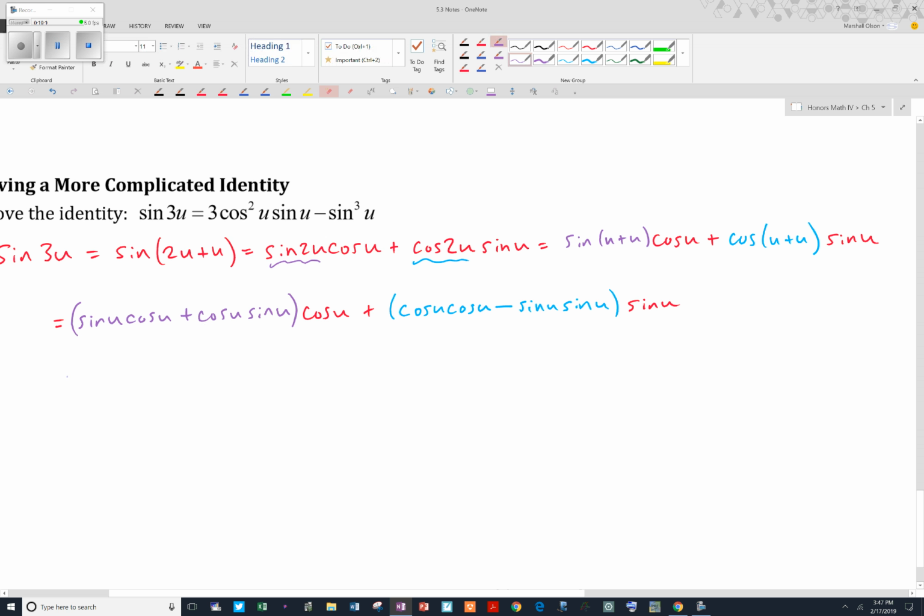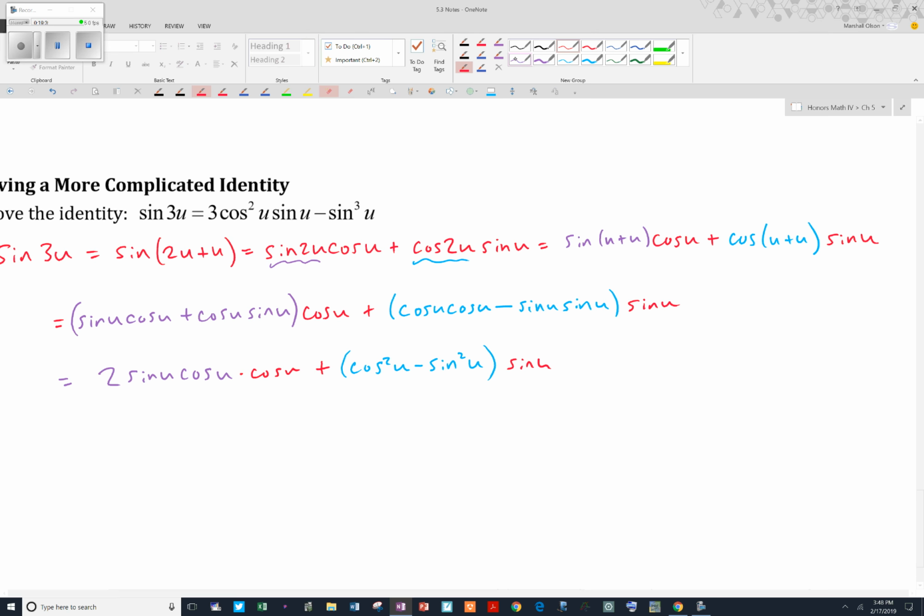So I'm going to take 2 steps to get there and just say this is 2 sine of u, cosine of u. That is being multiplied by that cosine of u, plus, and then here we have, I'm going to call this cosine squared minus sine squared. Make sure you keep that in parentheses. That is being multiplied by sine of u.